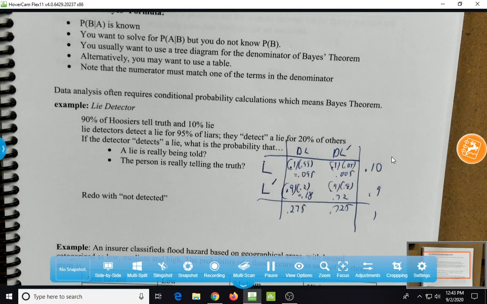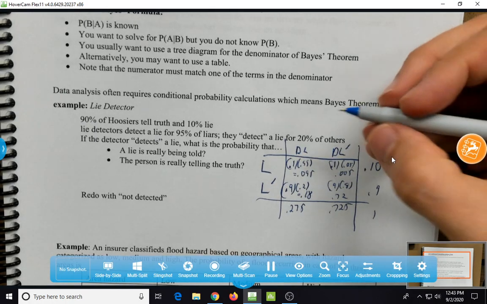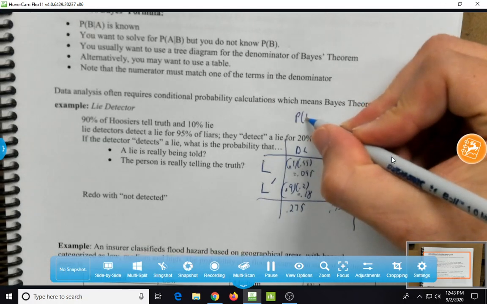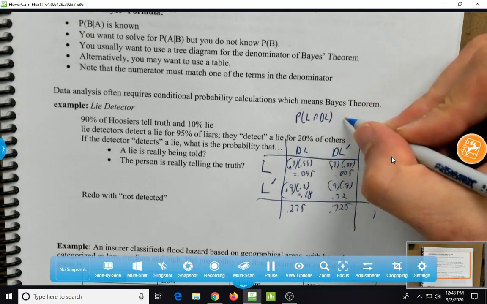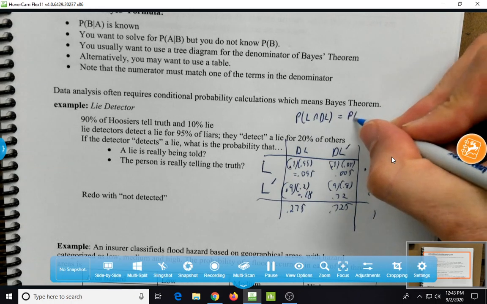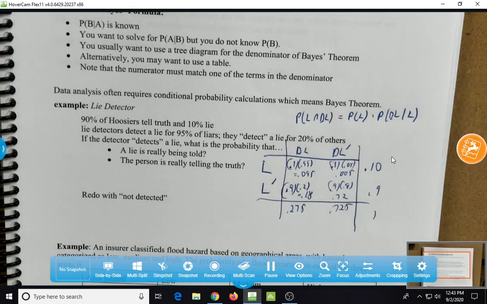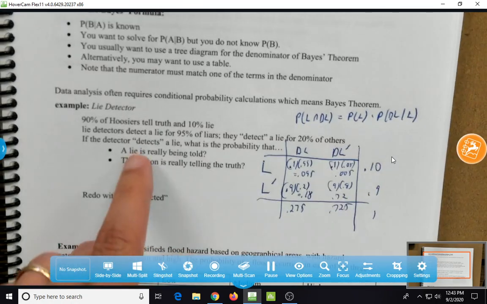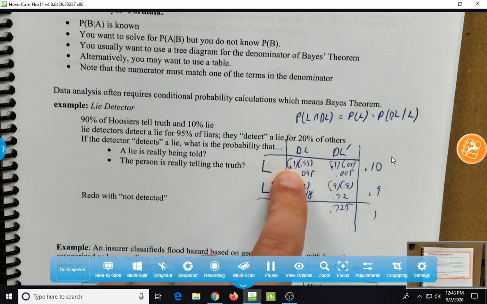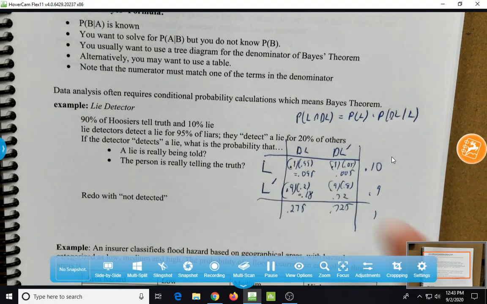Yes, Jeff? I mean, all that stuff in the table makes sense, but can you explain how it connects to the equation that we have on the last page? Sure. The probability of L and detecting a lie is the probability of being a liar times the probability of detecting a lie given that you're a liar. So being a liar is 10%, and then it detects a lie for 95% of the liars.